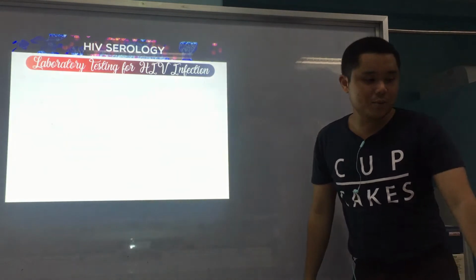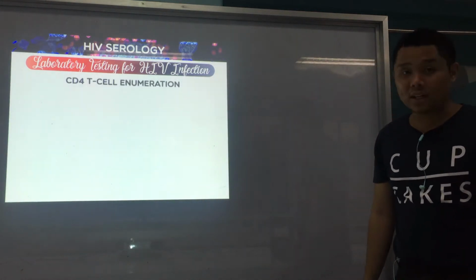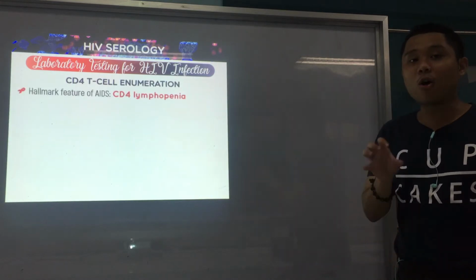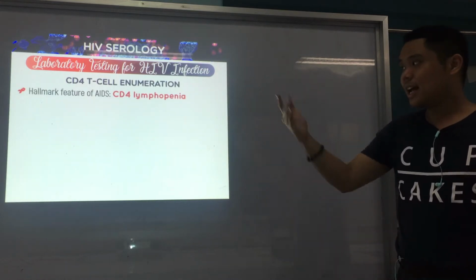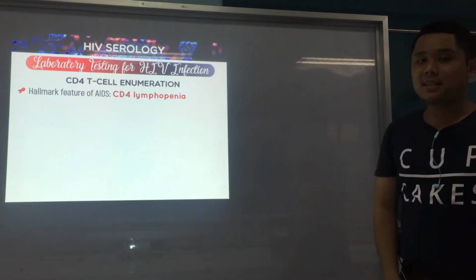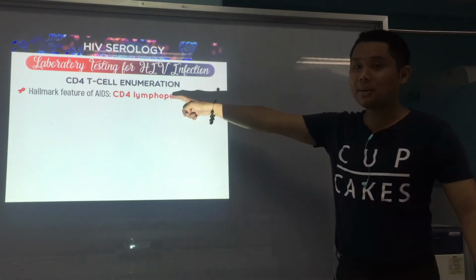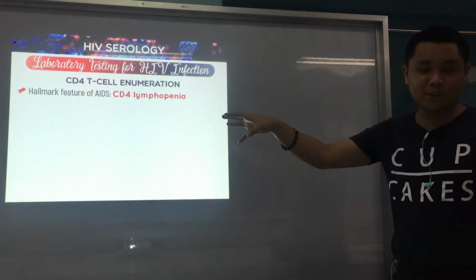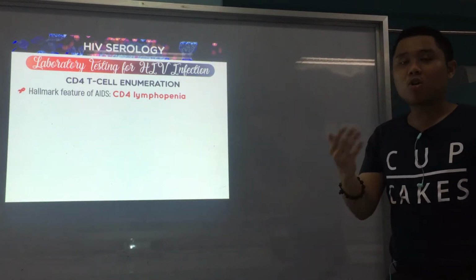So we'll start first with CD4 T-cell enumeration, because the hallmark feature of AIDS is CD4 lymphopenia. By the name itself, lymphopenia means decreased lymphocyte concentration in blood.